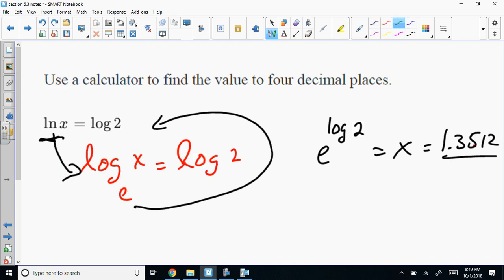Okay. If you don't, you won't get it. Can a log be in the power? Yeah, sure can.